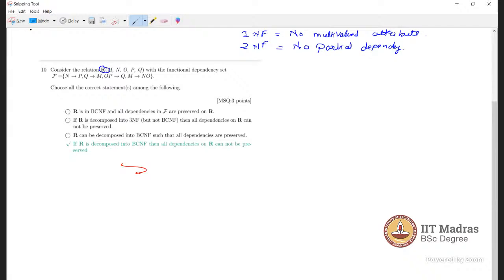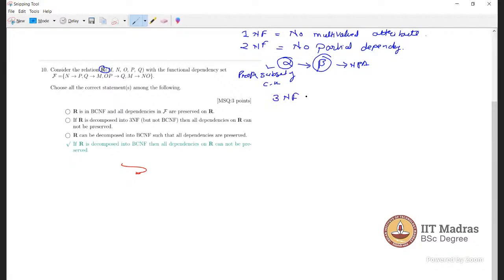Partial dependency is basically a prime attribute determining a non-prime attribute. So if we have alpha determines beta, and alpha is a proper subset of the candidate key, and beta is any non-prime attribute, then there is a partial dependency. So relation R is not in 2NF.